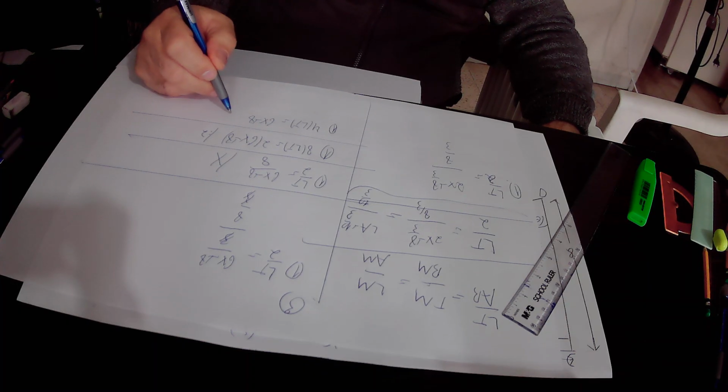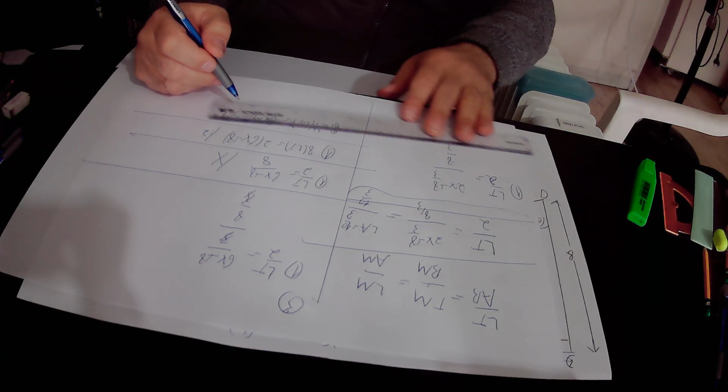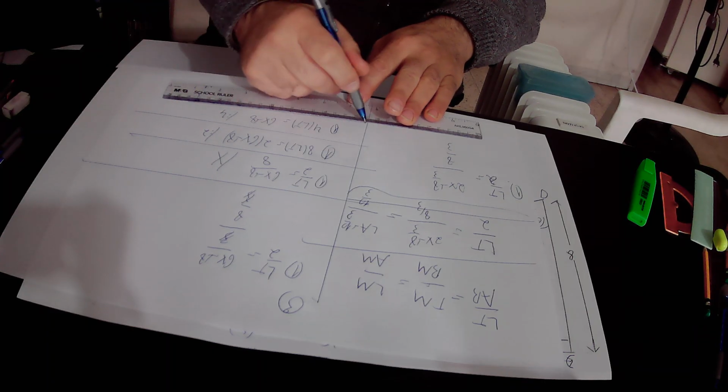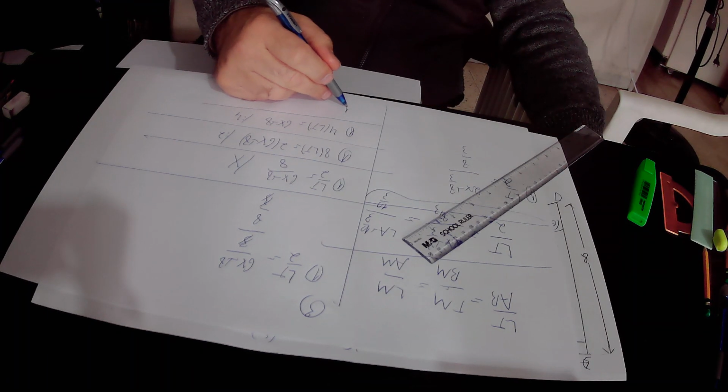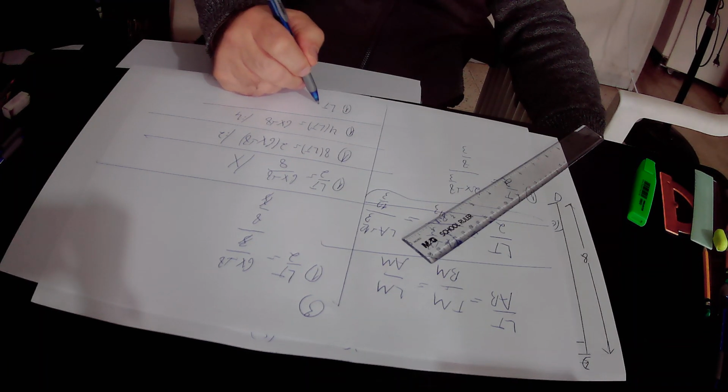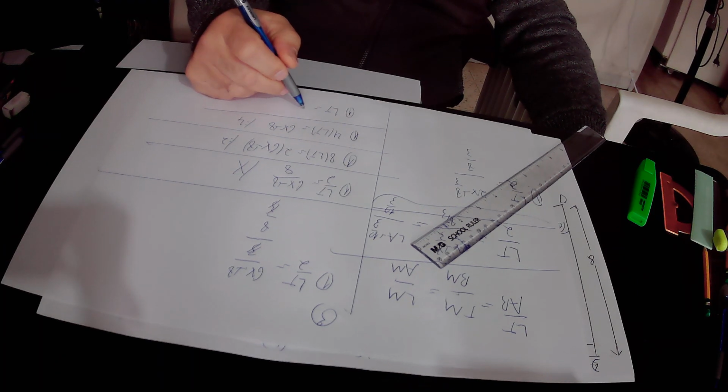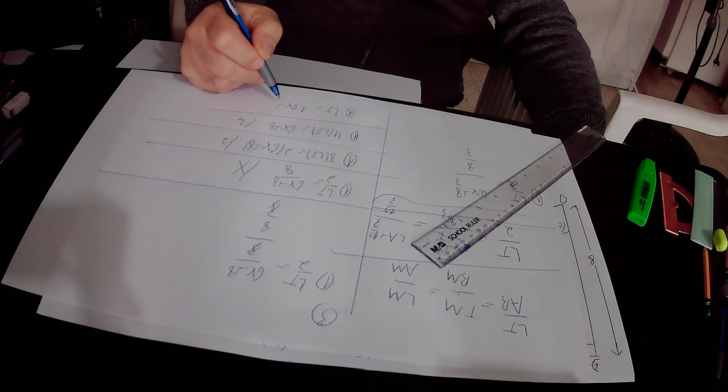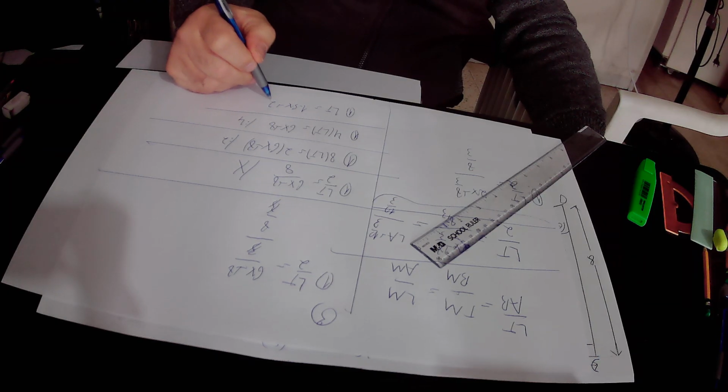Here we divide by 4, and finally we get that LT, the length of line segment LT, equals 6x over 4, which is 1.5x, plus 8 over 4, which is 2.